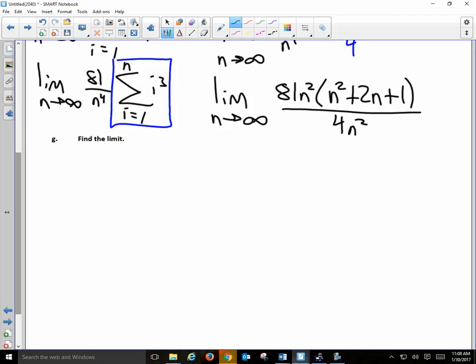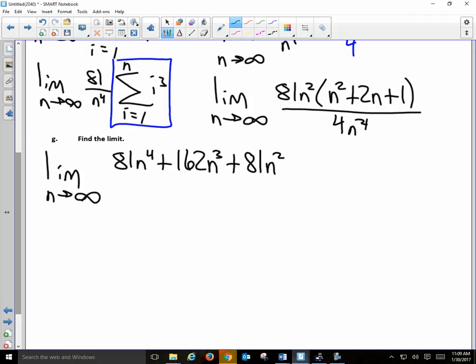All right, so we've got the limit as n goes to infinity of, oh yeah, thank you, 4 n to the fourth in the denominator. So I've got 81 n to the fourth plus 162 n cubed plus 81 n squared, all over 4 n to the fourth.